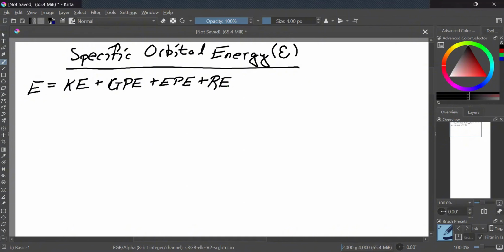In fact, there are a whole host of other energy sources like thermal and chemical and a couple of others that immediately spring to mind, and probably more besides. But we're not going to be talking about any of them because we're going to make some assumptions, namely that the satellite is a point mass.